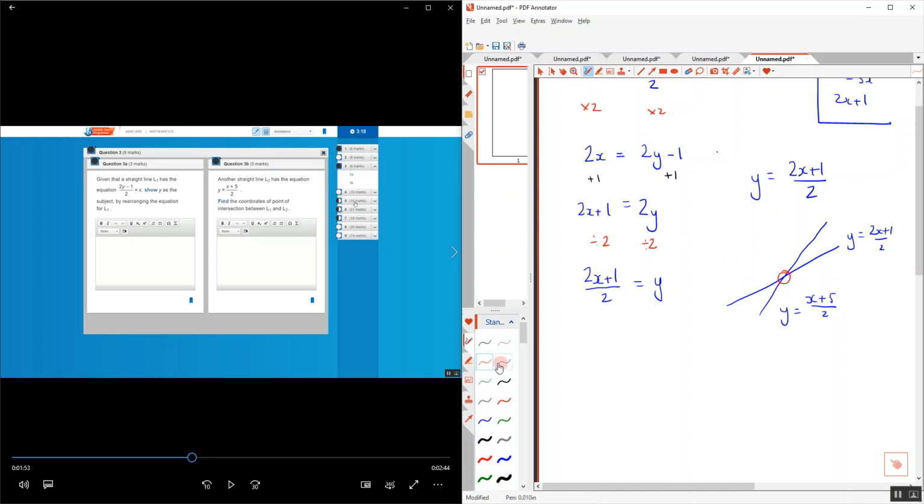So I want to find that point of intersection. These two lines are meeting at this point. I know that 2x plus 1 over 2 is equal to y, and x plus 5 over 2 is also equal to y.